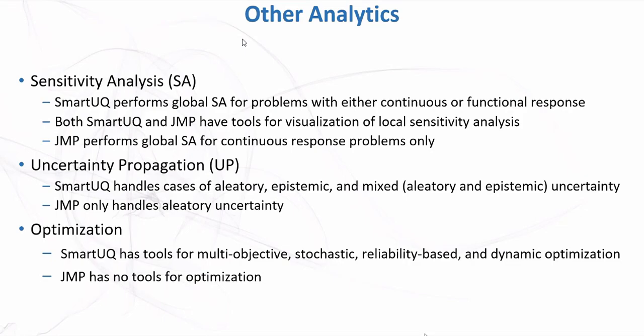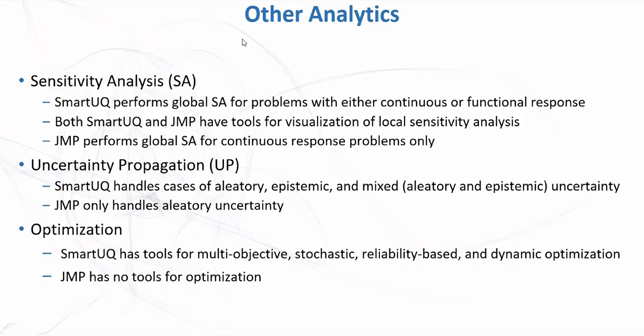SmartUQ allows global sensitivity analysis for problems that have either continuous outputs or functional output. As I think I mentioned before, JMP doesn't have models that predict functionally varying outputs, so of course they're not going to have global sensitivity analysis for those sort of functionally varying problems. SmartUQ and JMP, though, both do have tools to visualize local sensitivity analysis.